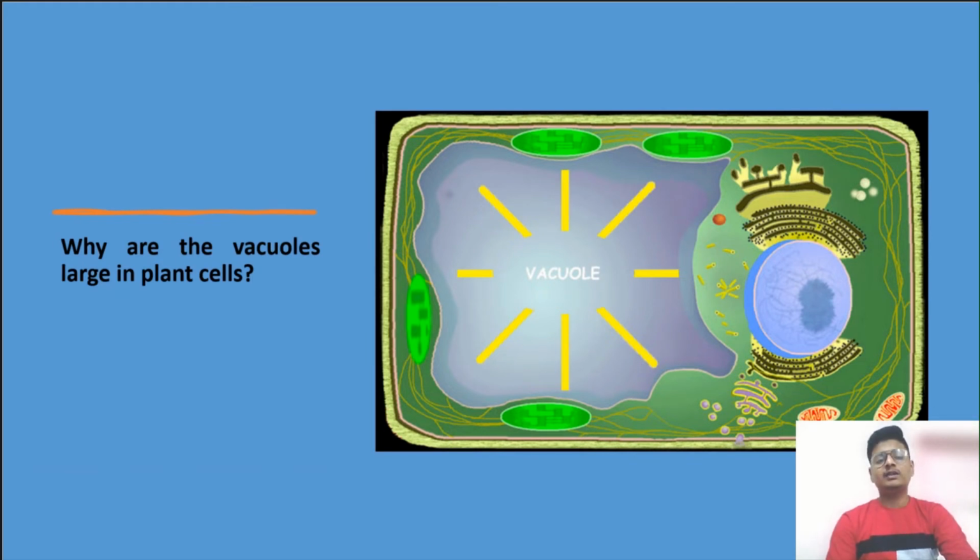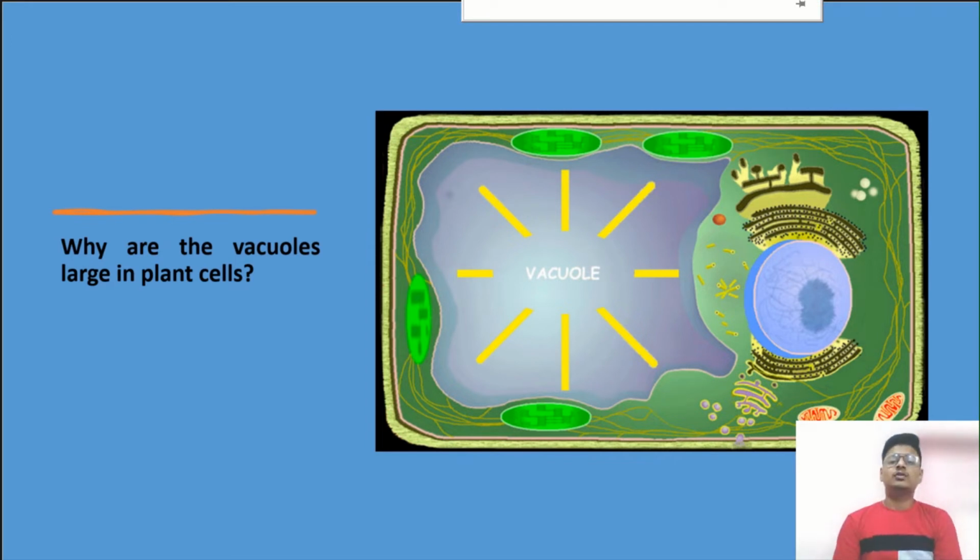Now let's see, why are the vacuoles large in plants? This is the question. You have to think about this and answer in the comment section. Till then let me tell you the answer. In the plant cell, the main purpose of this vacuole is turgor pressure.